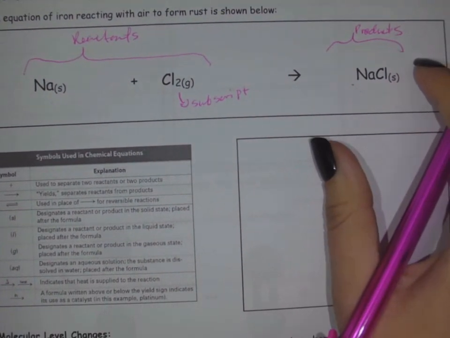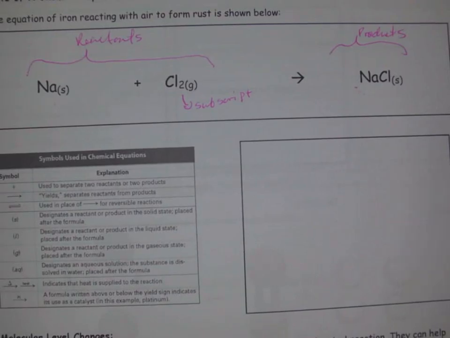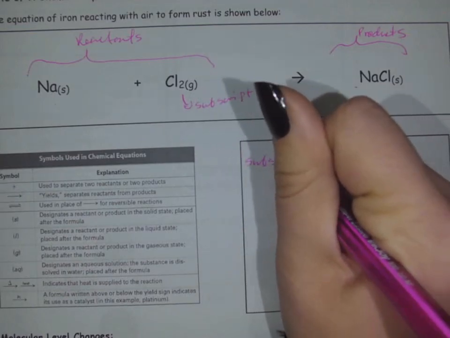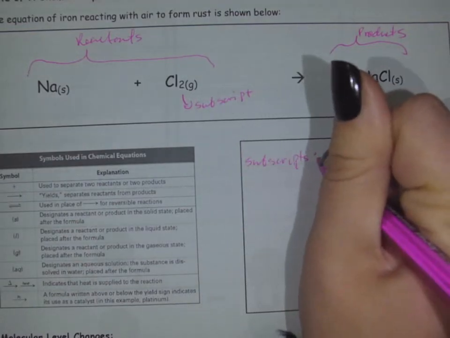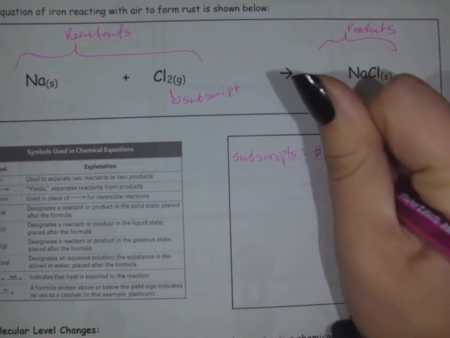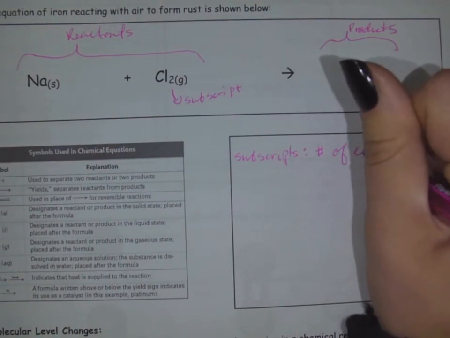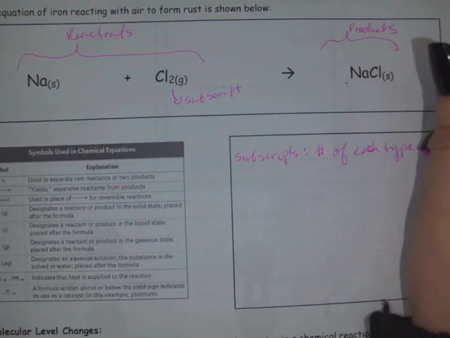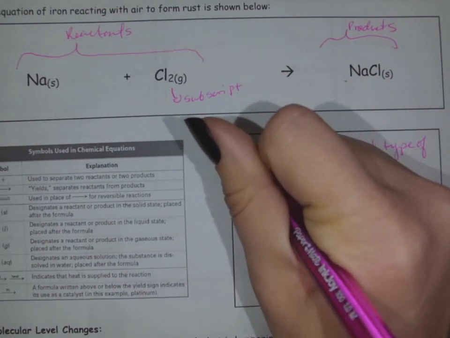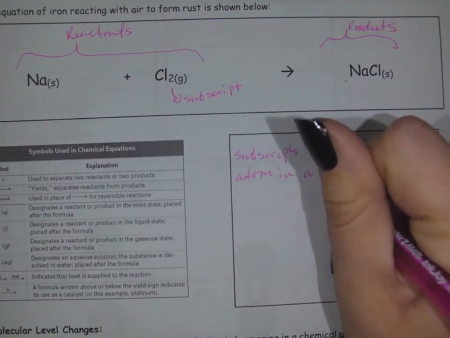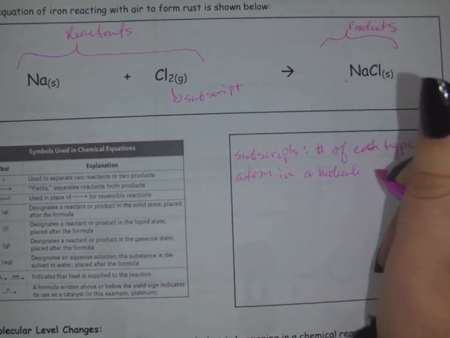Subscripts tell you the number of each type of atom in a molecule or compound.